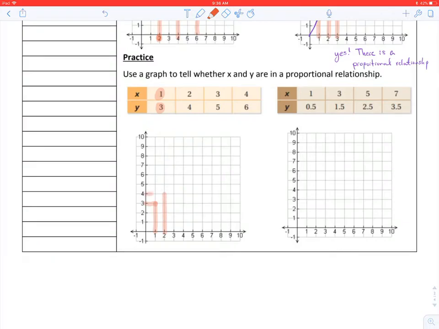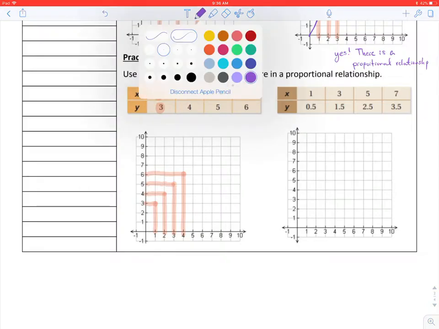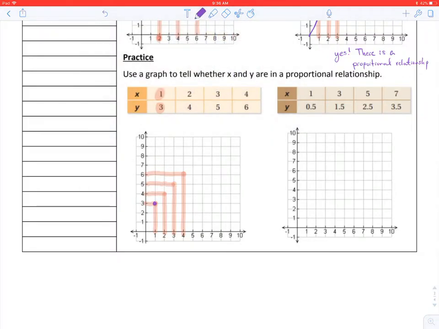So let's see, we got 2, 4, and then 3, 5, and 4, 6. And you can see we've got our points here. And if we connect these into a straight line, then you can see that even though it's a straight line, it does not pass through the origin, so we would say no, not proportional.